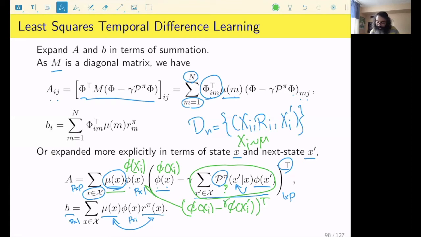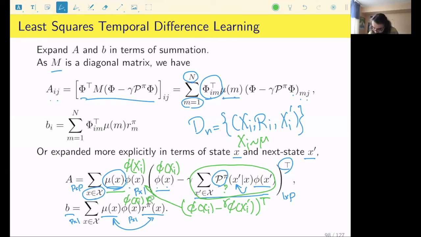This x is coming from distribution mu, so I can substitute it with phi of x_i, and then the reward. Okay, I don't know r pi of x, but I have a sample from it, so I have r_i from it.